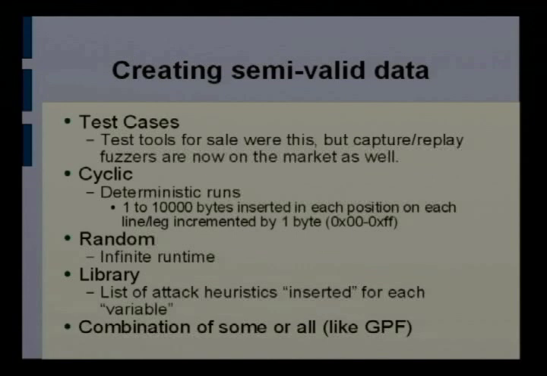I showed that little example: client said this, server said this, client said this, server said it. If all you ever send is totally random junk in leg 1, the server's just going to boot you. You're going to get reset, and you'll never make it into the further legs. So if you want to fuzz the 20th leg of some arbitrary protocol, 19 of those 20 steps need to be exactly right.